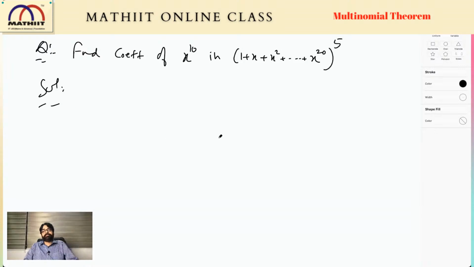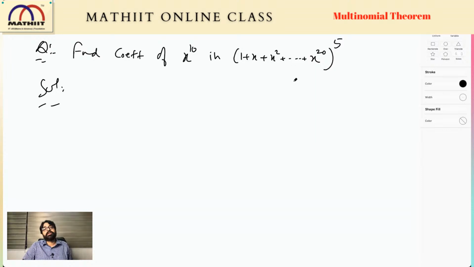Beautiful question. I have to find the x power 10 coefficient in this. Please stop writing and concentrate. There are a total of 21 terms there. Can you see? Total 21 terms. This is a GP.